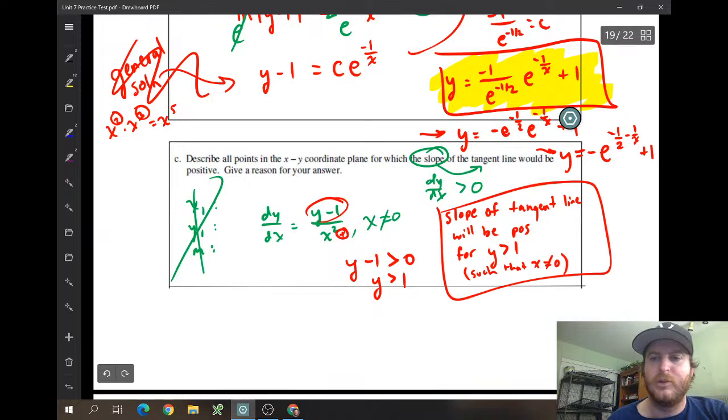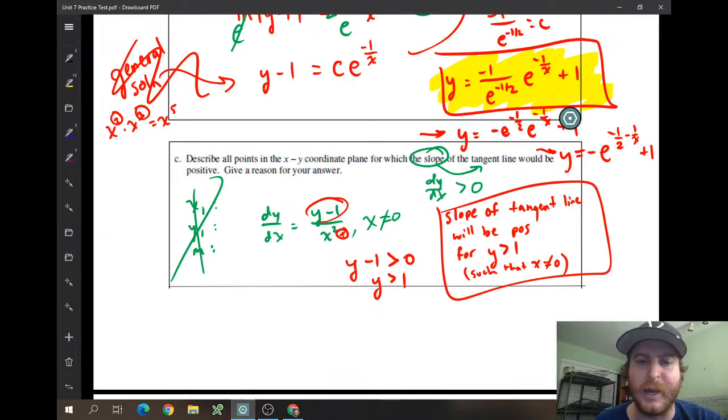So generally, if you get a question like this, describing where it would be positive or describing where it would be negative, generally what will happen is that, if you have a numerator and a denominator, your denominator will probably be x squared, or maybe your numerator is x squared. You can kind of ignore that because it's going to be positive for everything. And then the other side, you would just set it greater than 0 for positive or less than 0 for negative.